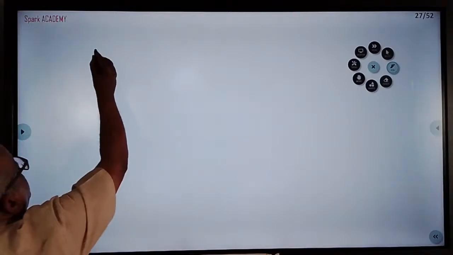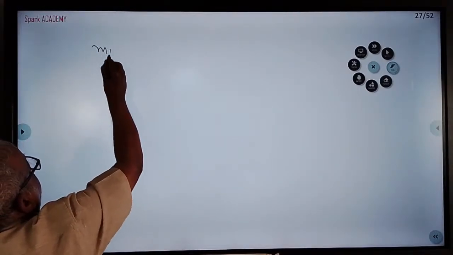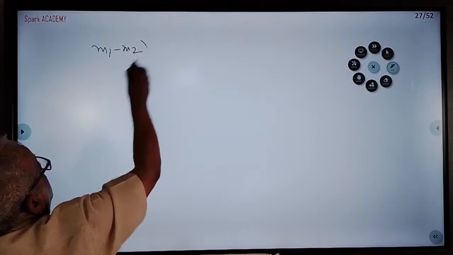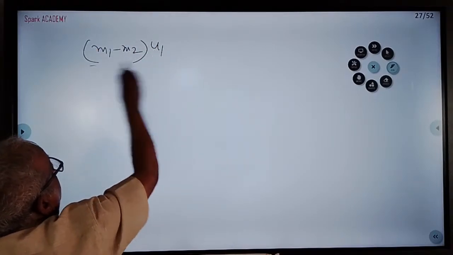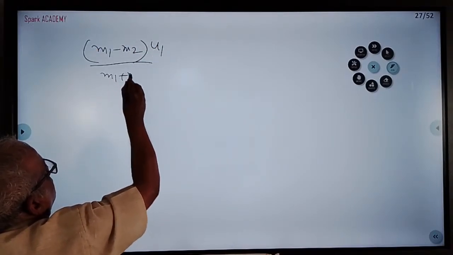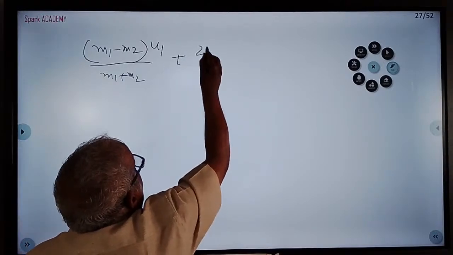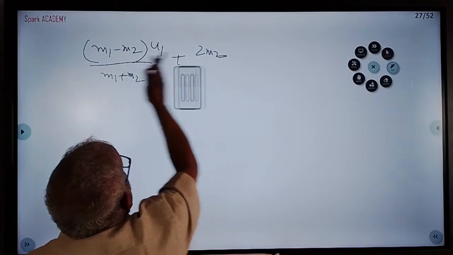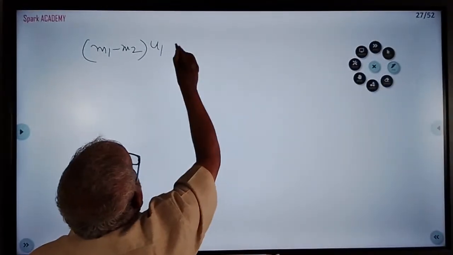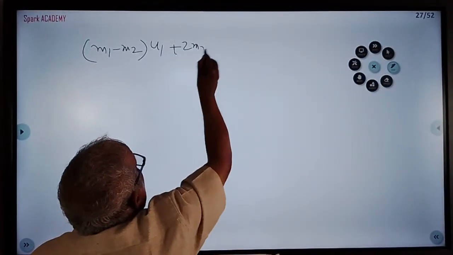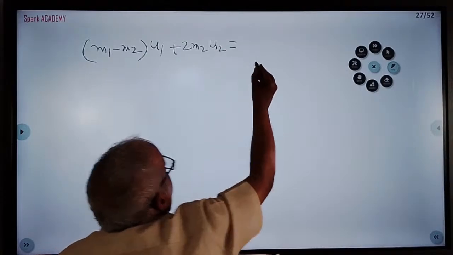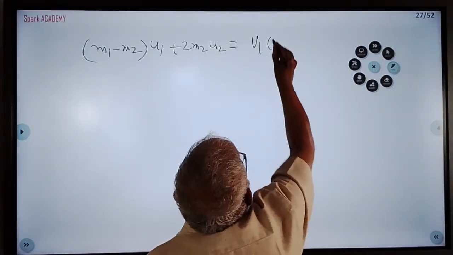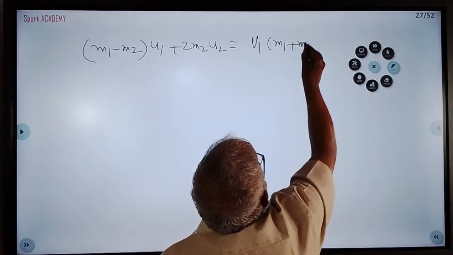If you take u1 common, I get (m1 minus m2) u1 plus 2 m2 u2, which is nothing but v1 into (m1 plus m2).